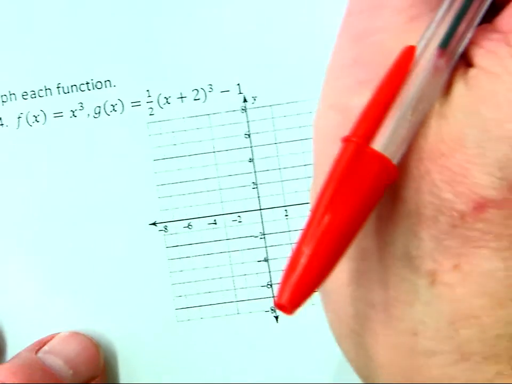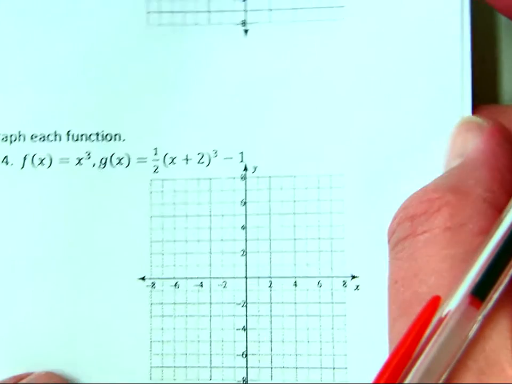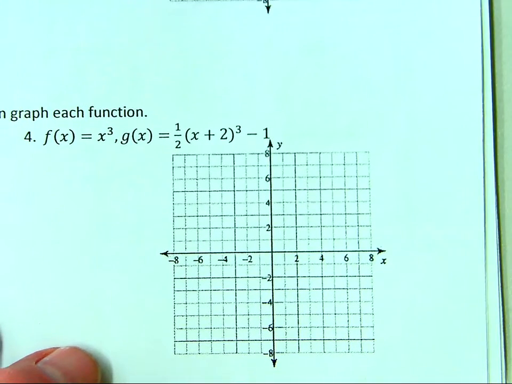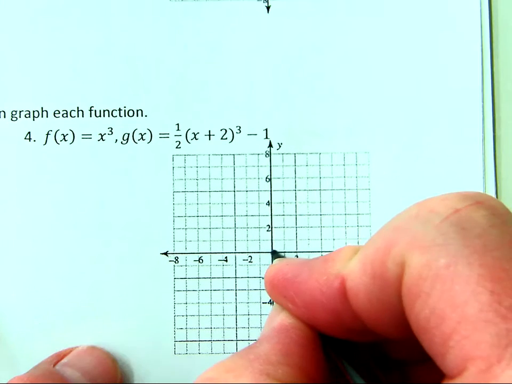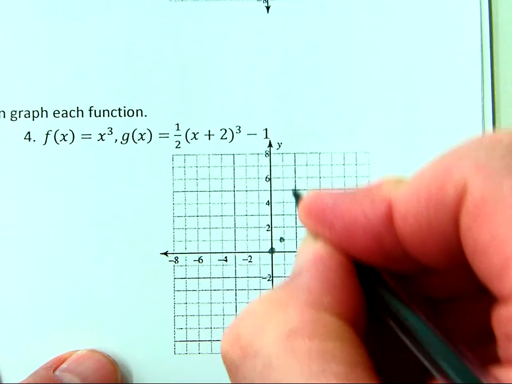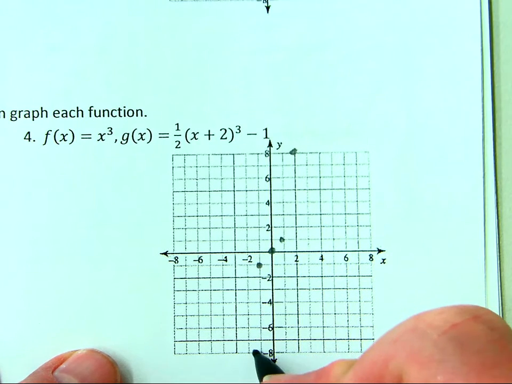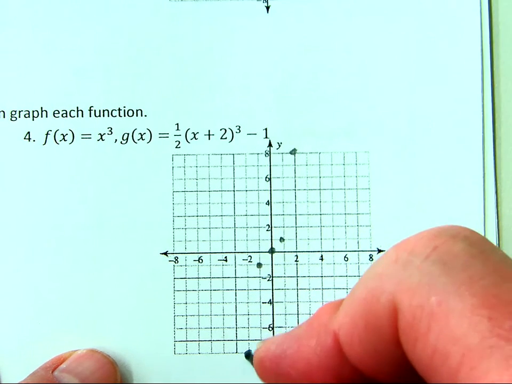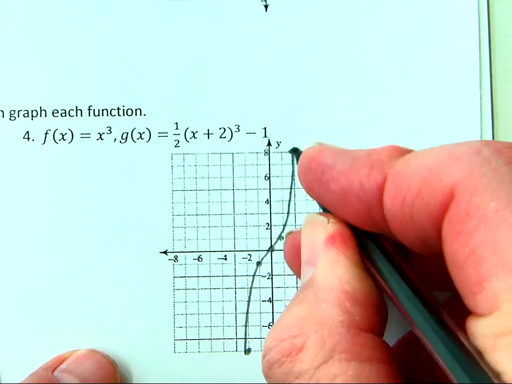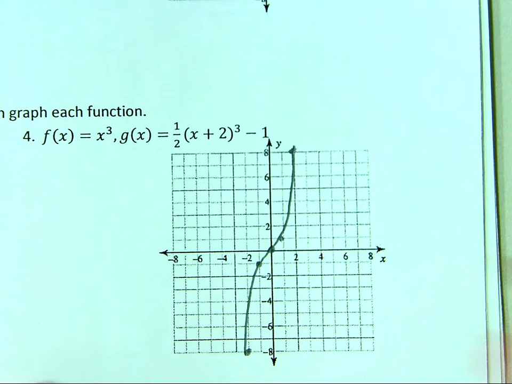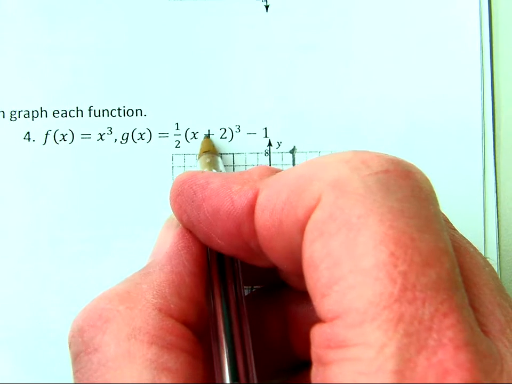Okay. Now this one's got more than one thing going on. Again, it's an x cubed graph. We did that before. It goes to 0, 0, 1, 1, 2, 8, negative 1, negative 1, and negative 2, negative 8. So this graph looks like this. Now, if we look at this, we need to start inside the parentheses and work our way out.